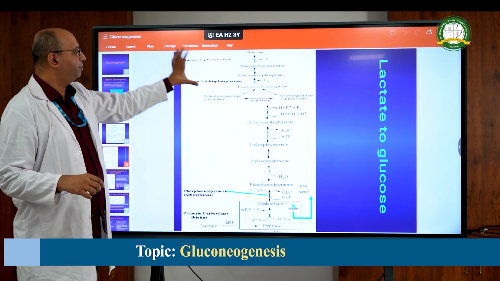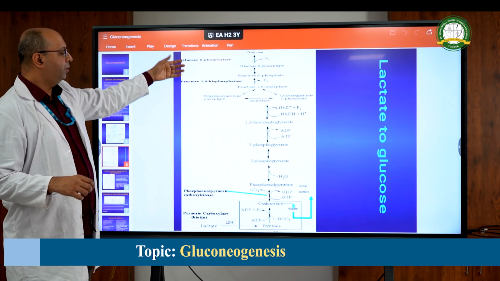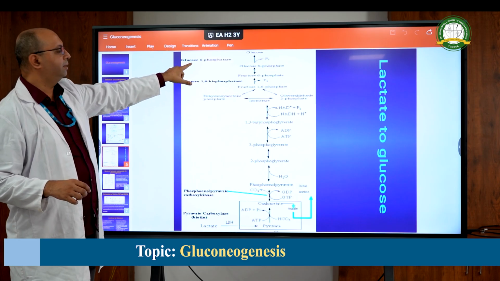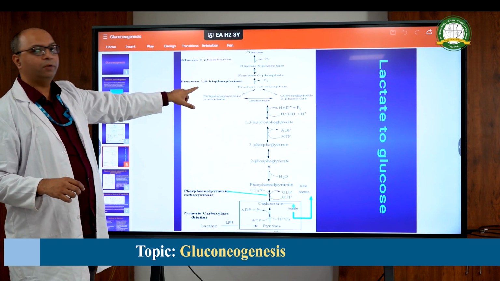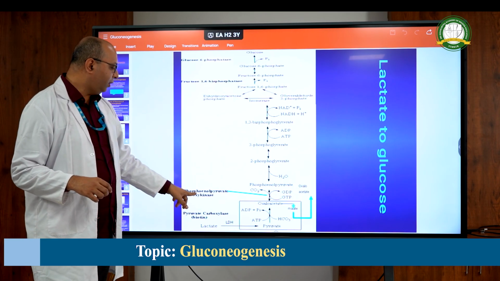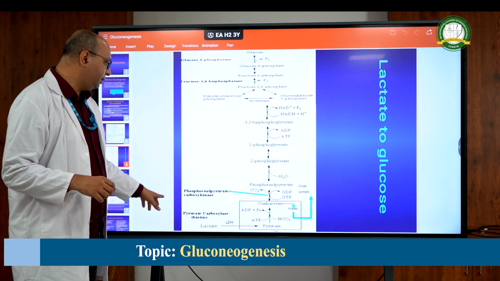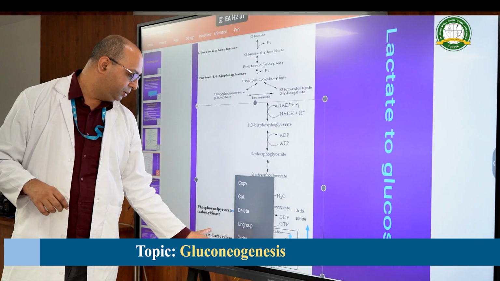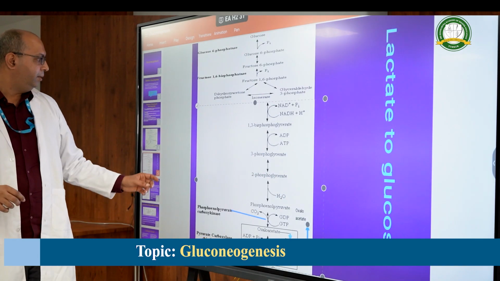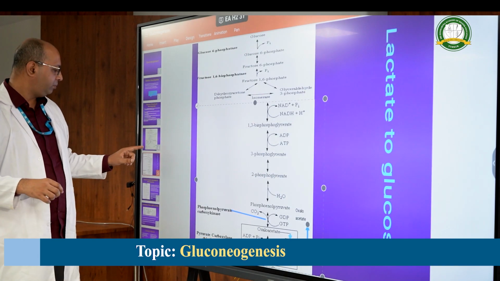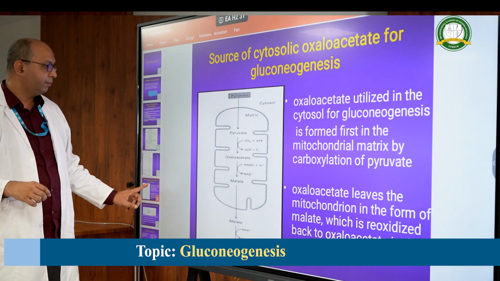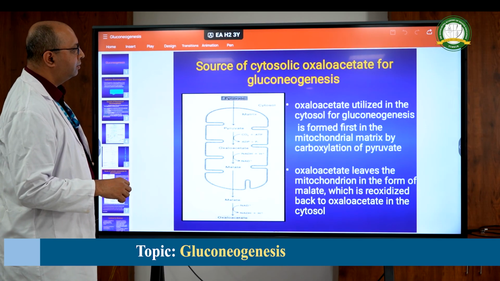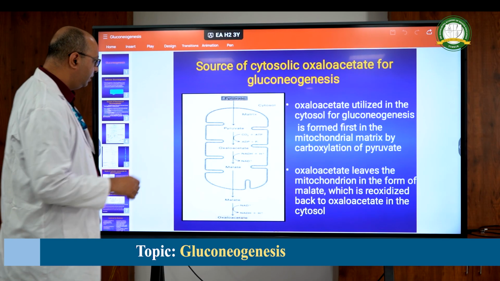Okay, the same thing has been explained in another diagram. You can see the 4 key enzymes: glucose 6-phosphatase, fructose 1,6-bisphosphatase, phosphoenol pyruvate carboxykinase, and pyruvate carboxylase. Okay, it has been shown here. Sources of, okay, this we have already seen.